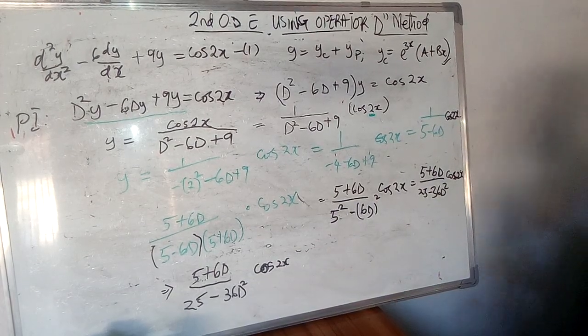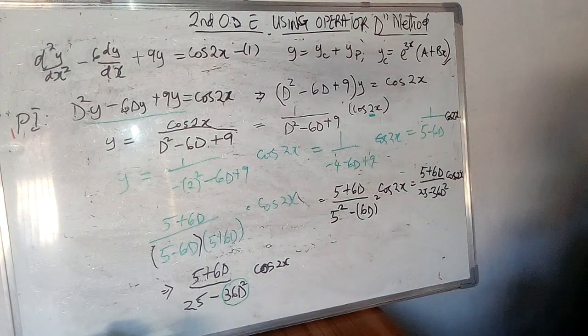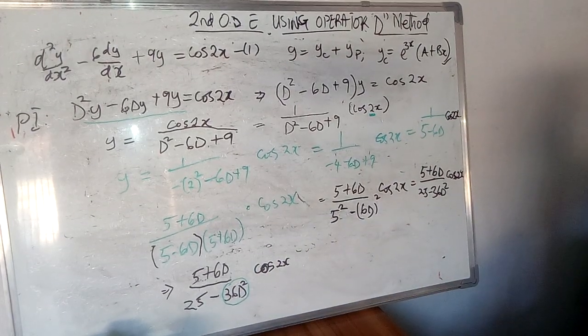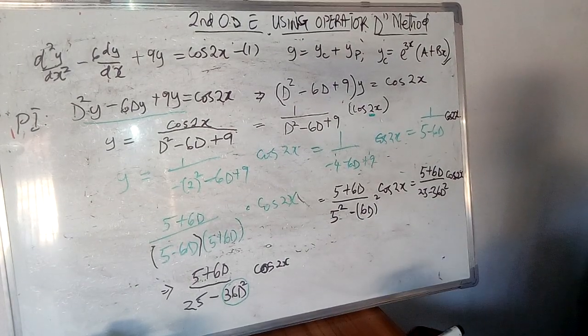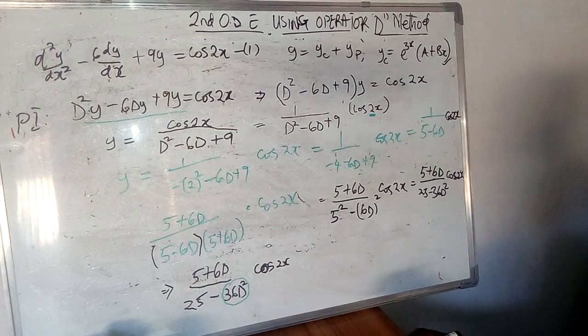We've noticed that we have gotten this parameter again here. And remember, any place you see D squared, you replace it by minus 2 squared, since our a was equal to 2.